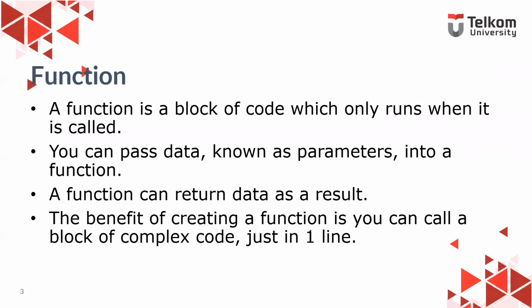A function is just a part of code that we usually use when the code is repeated. For example, we're going to do that code several times. In that case, we take out that part of code and use it as a function.